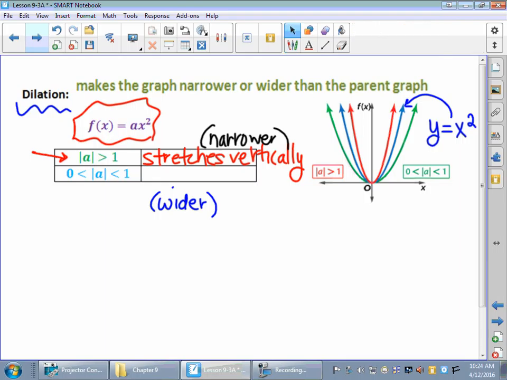If my a value is in between 0 and 1, and remember, I'm not talking about the sign, I'm only talking about the number, so we're talking about a fraction probably, or a decimal, 0.5 or 1/3 or something like that, my graph compresses vertically.